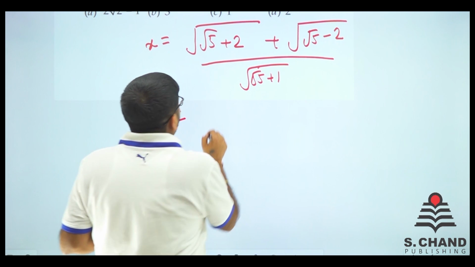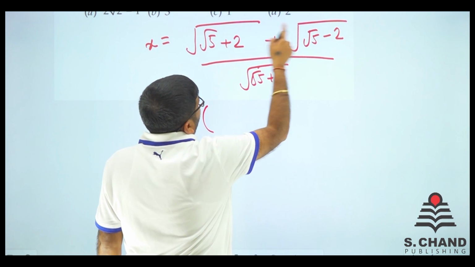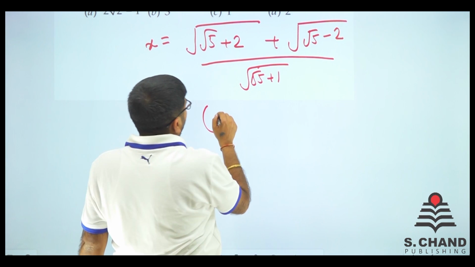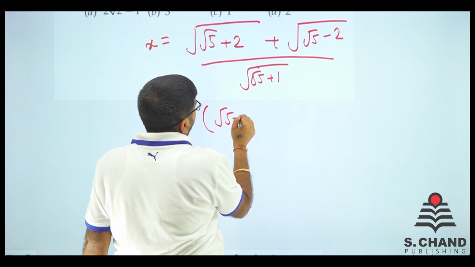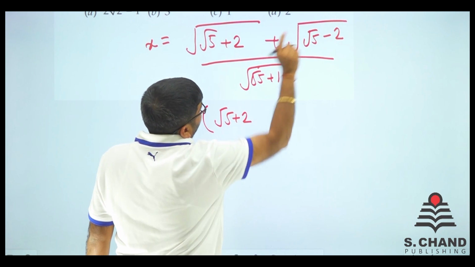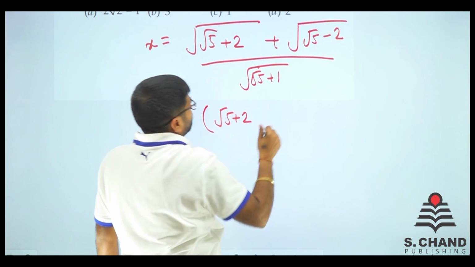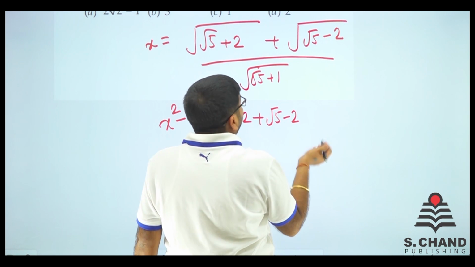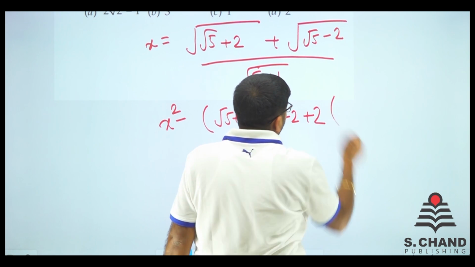If I do x square, that means a square plus b square plus 2ab, if you remember. So a square will be root 5 plus 2, plus b square. Just remove the roots. It becomes root 5 minus 2, plus 2 of this ab.